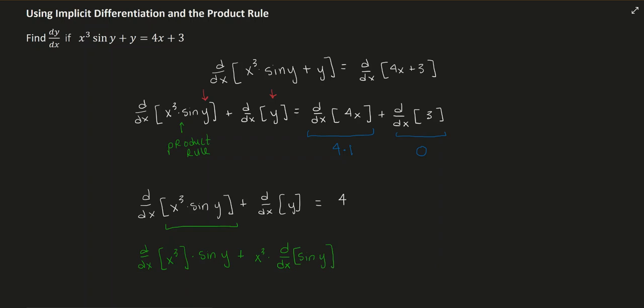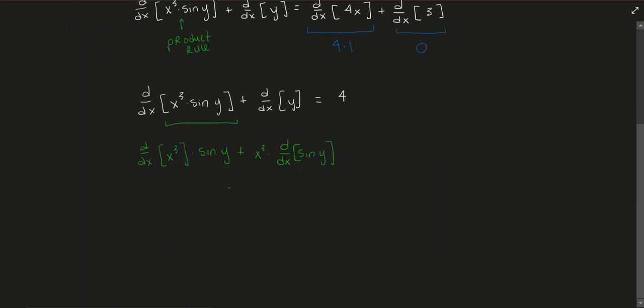This is going to help us with mapping out where we need each rule. The derivative of x cubed, that's just the power rule. That becomes 3x squared. We'll bring down our sine y multiplier.